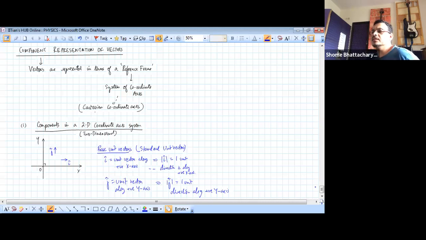Yeah, so when we extend this to 3 dimensions, there will also be a z-axis, जो कि दोनों x and y के perpendicular होगा. And along that z-axis, there will be a unit vector which we denote by k cap. Okay. But that we'll see later. First, we will get used to the 2-dimensional system.